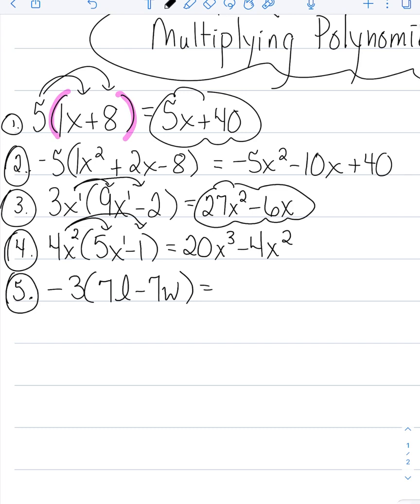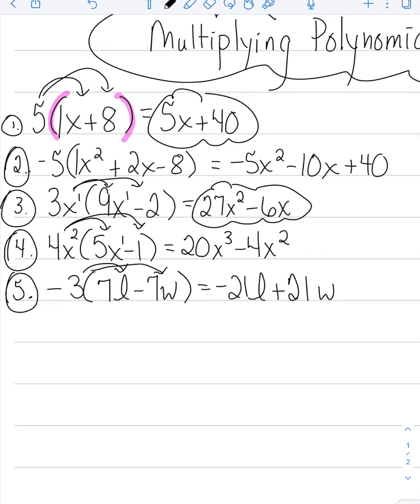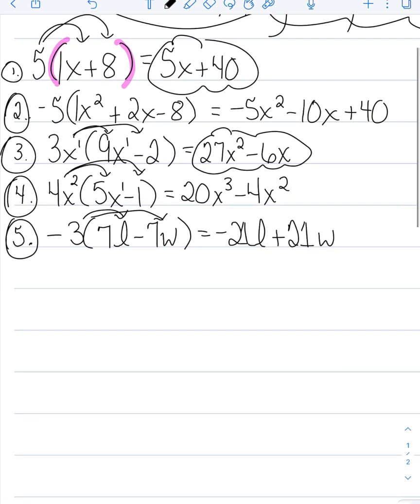So let's do negative 3 times 7L is negative 21L, and negative 3 times negative 7 is going to be positive 21, and there's a W there. Okay, that's a 1, not an L. Same thing here. All right. So that's how we multiply an expression by a monomial. If you look at that, that's what this set of problems has in common.